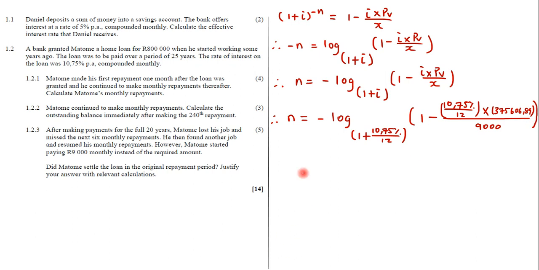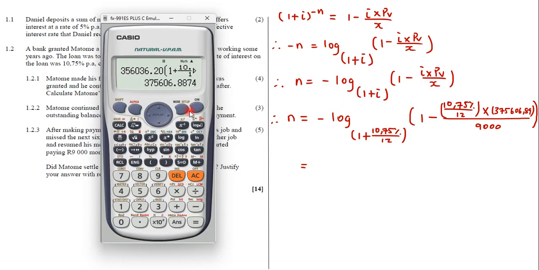Let's go ahead and press this into a calculator and see what we get. Pressing this into the calculator, I first say minus, then log, and then we put in there 1 plus 10.75% over 12. The nice thing about this is I'm only going to press this thing once and I'm done with it.